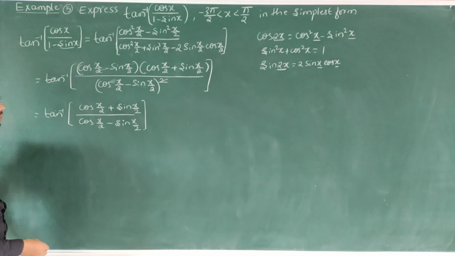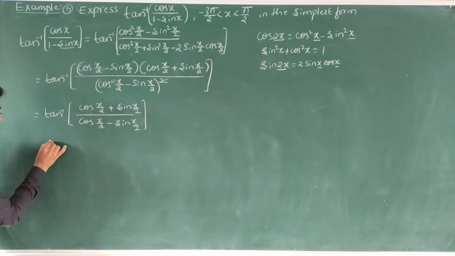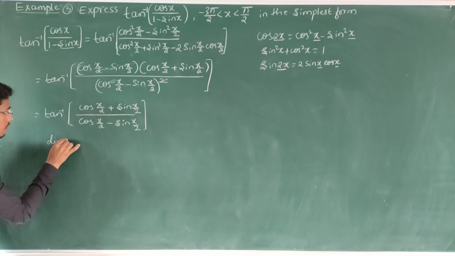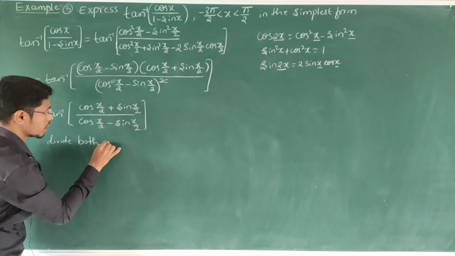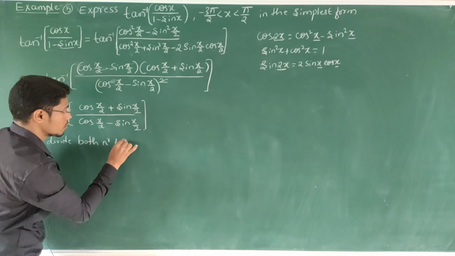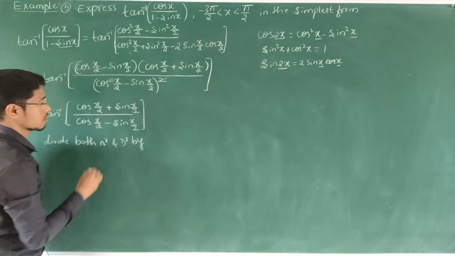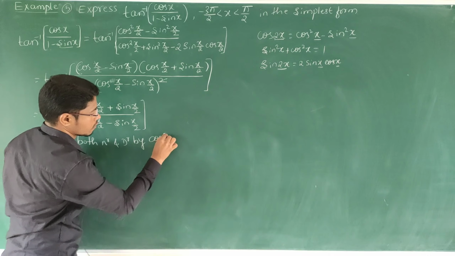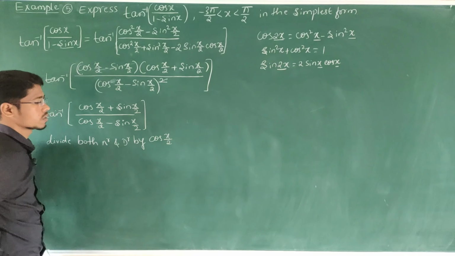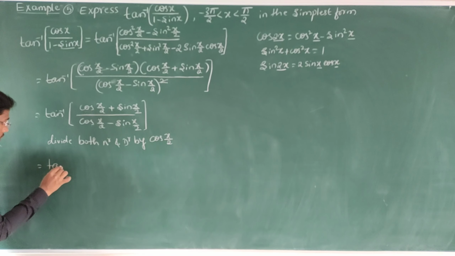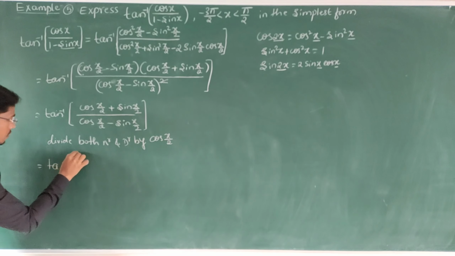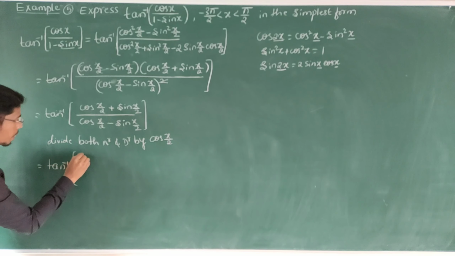Okay, for this, divide both numerator and denominator by cos x by 2. Solve this in the simplest format.